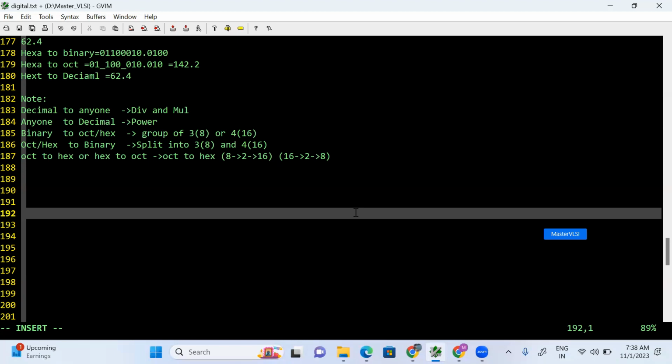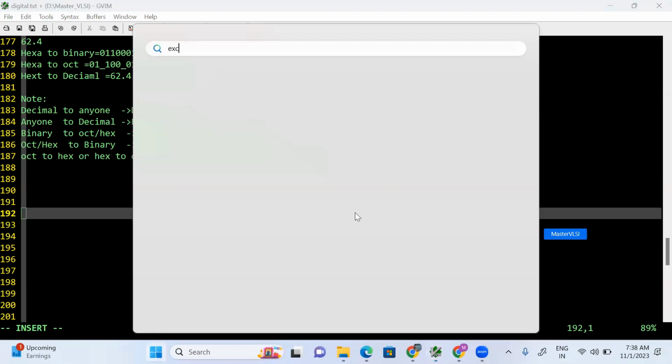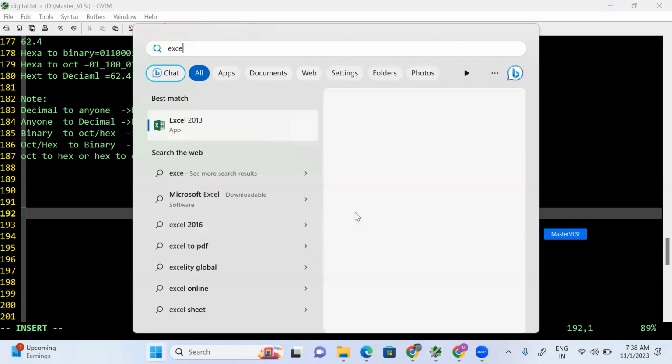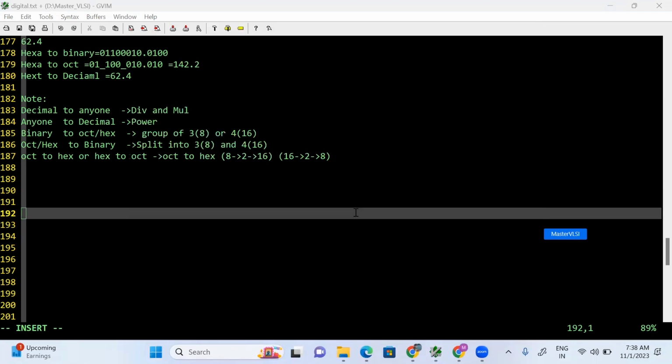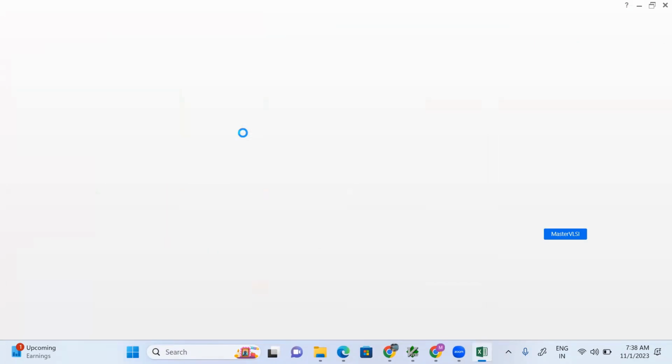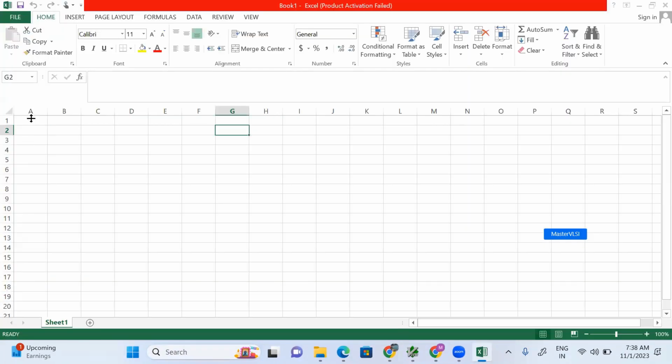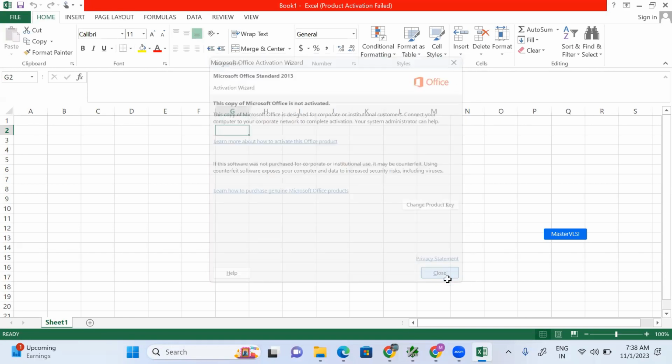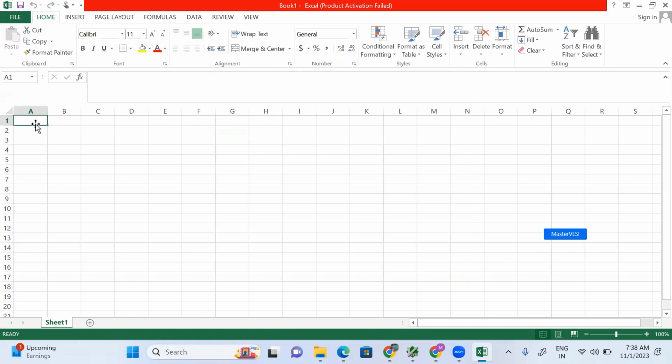Okay. So this completes our conversion. Now I'll take one small Excel sheet, because normally I feel like people make a mistake here. Here what I'll do: decimal, binary, oct, hexa, and BCD.